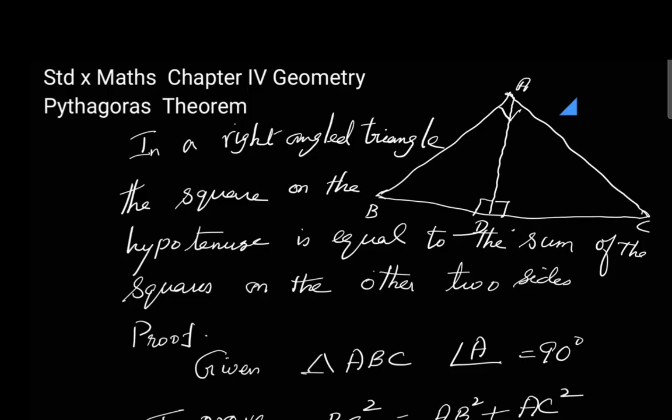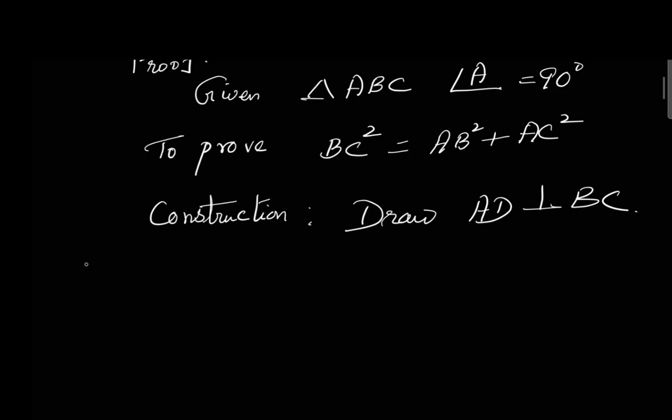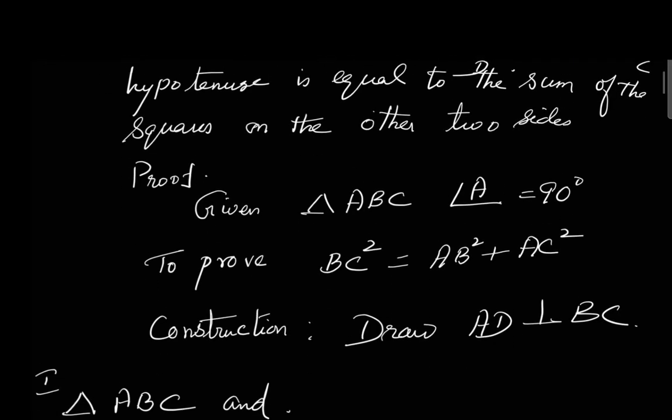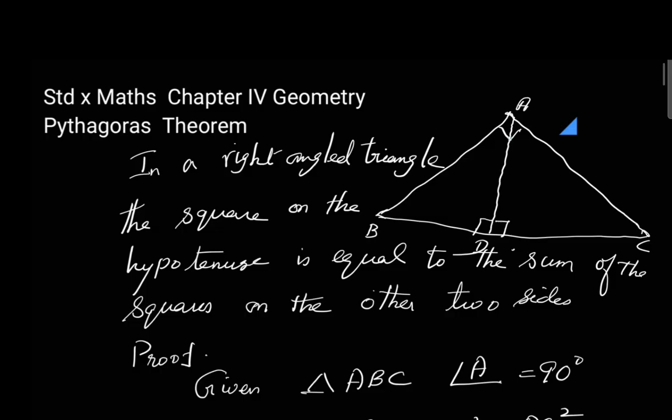How to compare? In triangle ABC, the first letter is A. Angle A is 90 degree, so which angle is 90 degree in the smaller triangle?